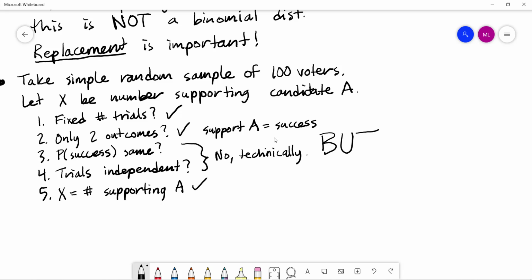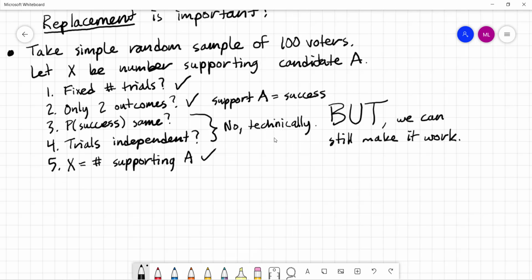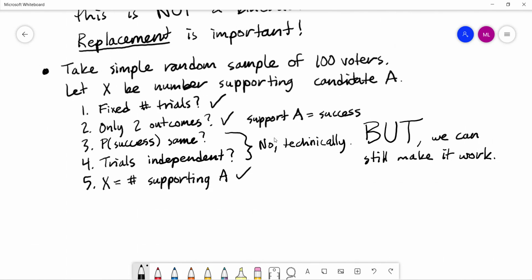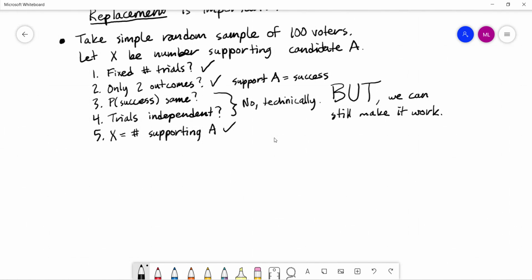But, and this is a really big but, we can still make it work. And so this is a really, really important point, right? The binomial distribution has a formula that we can use to figure out probabilities. It would be awesome if we could use it. Even though we technically can't, can we get around that? And so here's the argument for why we can get around that.